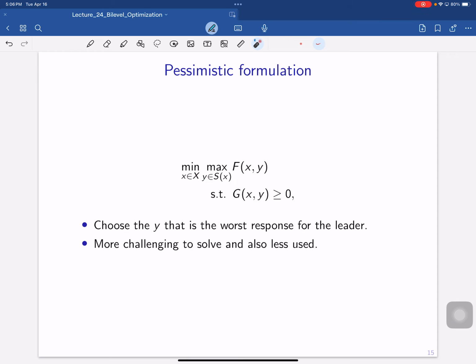They pick the best response that makes it the worst case for the leader. So there's a min-max type of formulation here. This S of x set itself already involves an optimization problem, and then you are adding another level of difficulty by picking the worst response by maximizing y in this best response set.